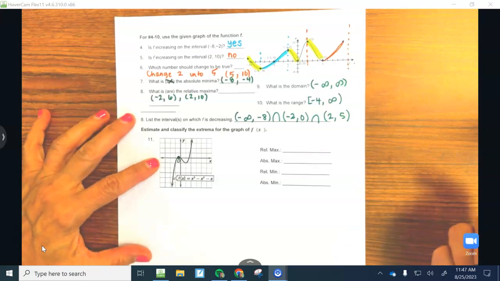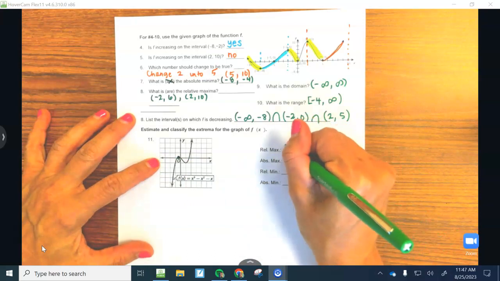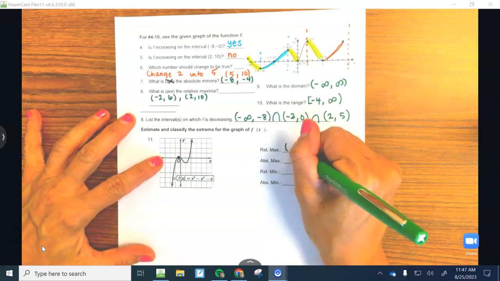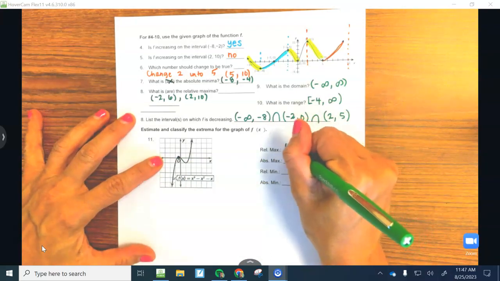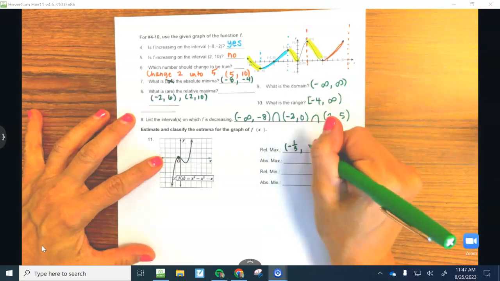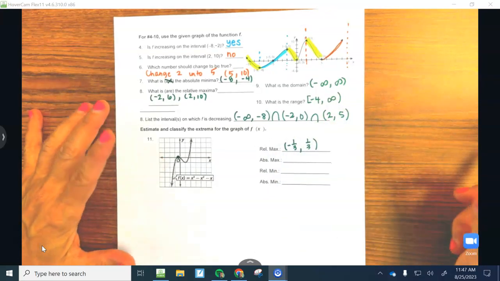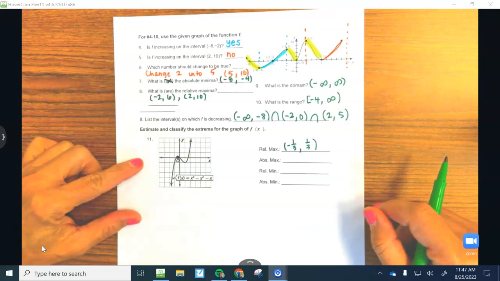We're just going to assume everything is in ones and estimate the best you can. So I'm going to say that ordered pair almost looks like a negative 1/3, and then maybe a positive 1/3.